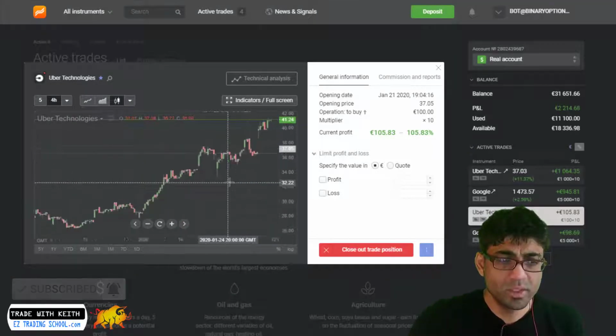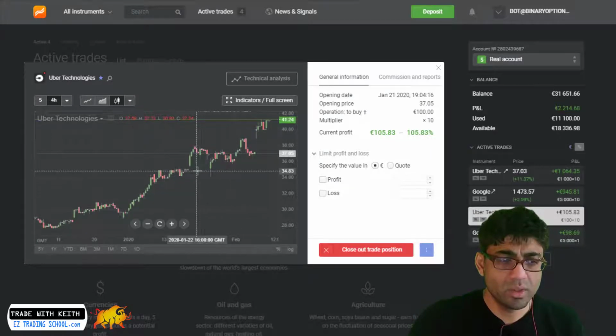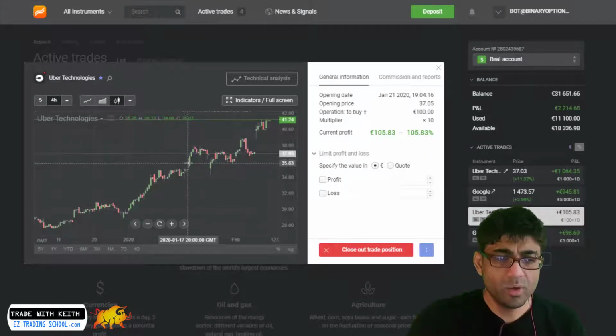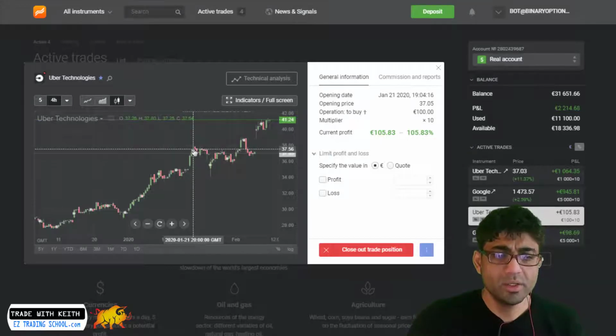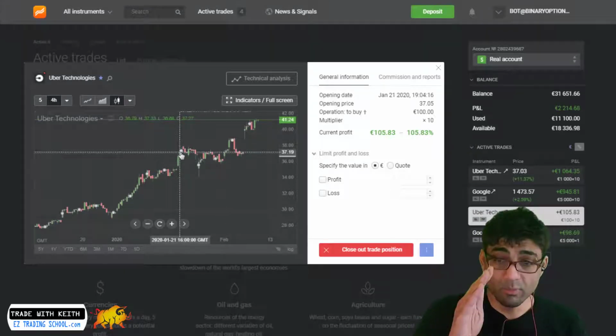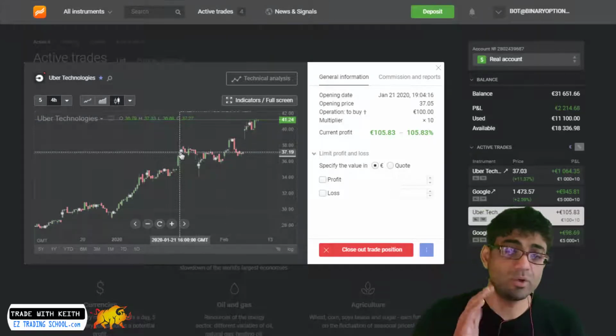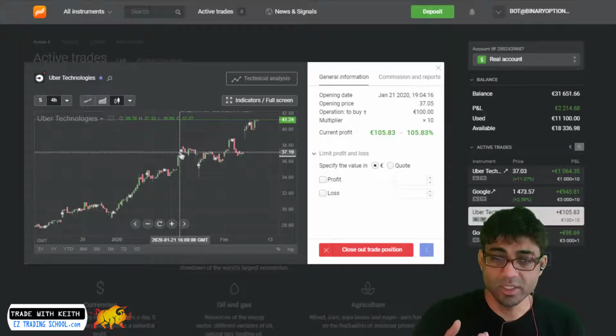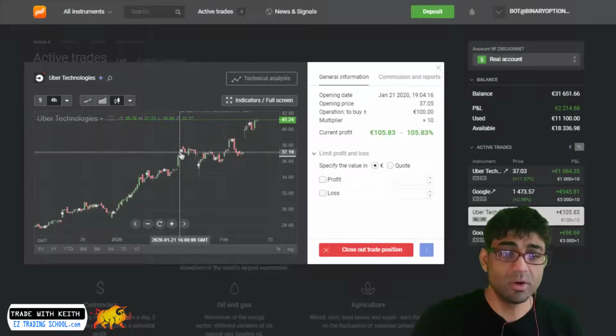If I look at the 21st of January, I opened my trade somewhere over here. They're all buy trades, so they're all upwards, because they're safe, I know they have a good market reputation, so they're constantly going up, but they also go down.